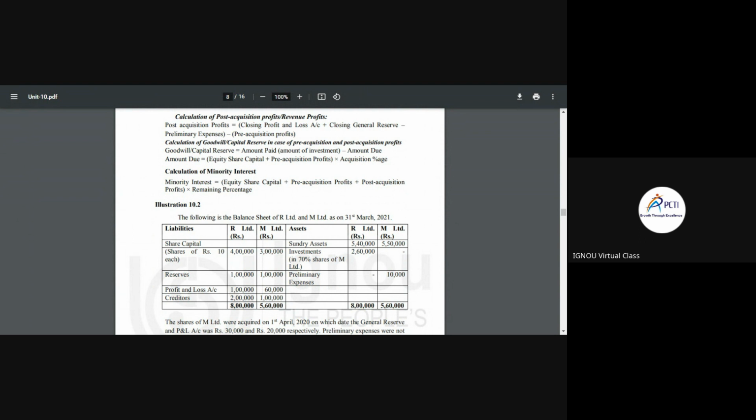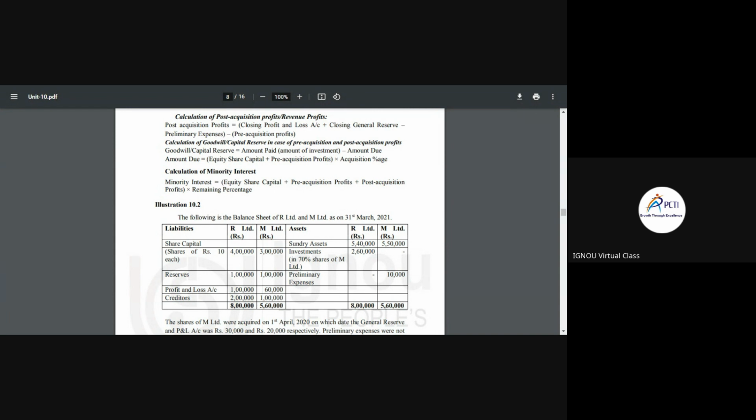Next one is the calculation of goodwill or capital reserve in the case of pre-acquisition and post-acquisition profit. In the case of goodwill or capital reserve, the amount which we have paid, that is the amount of investment, we deduct the amount due from it. Next is the amount due.